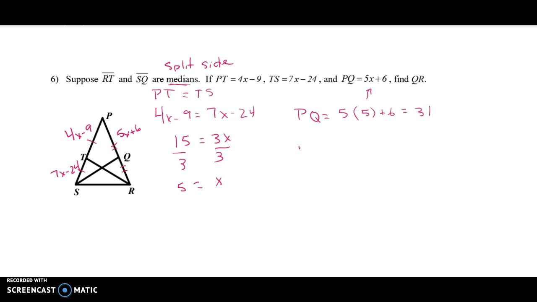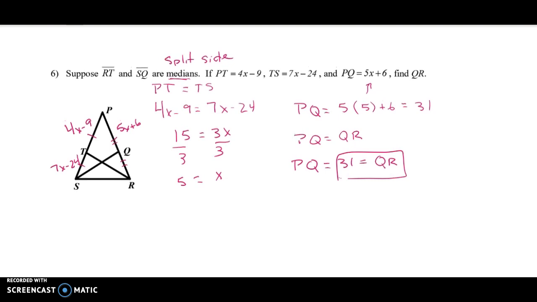Well, PQ also equals QR. So aren't we lucky? Look at that. PQ equals 31. So QR also equals 31. And we are done. No more to go. There you go.